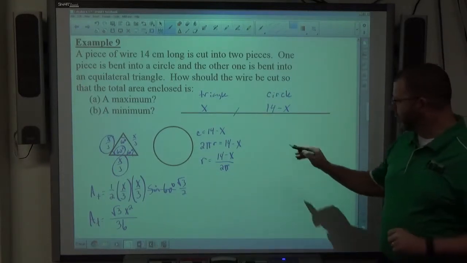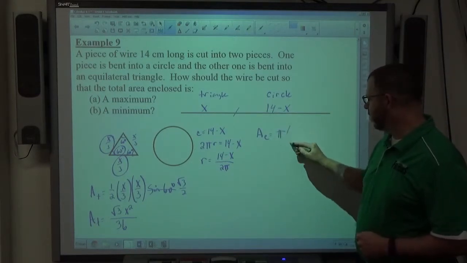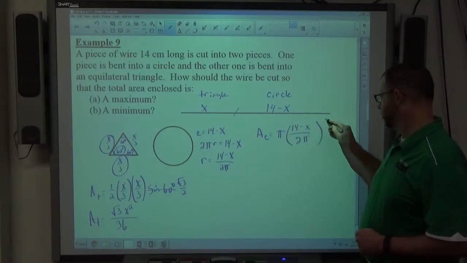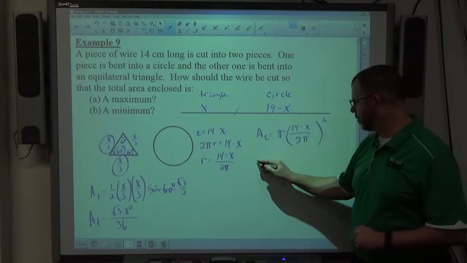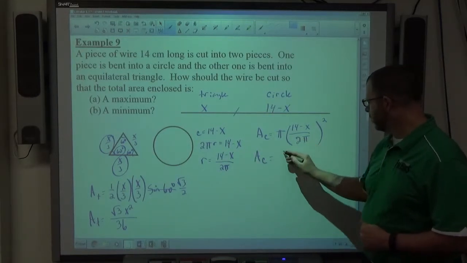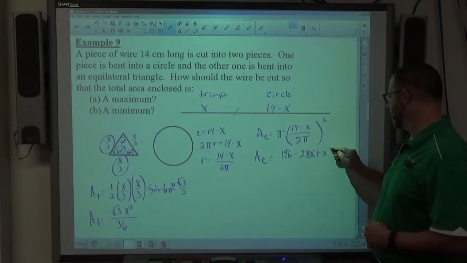The area of the circle is going to be pi times the radius squared. So the circle's area is going to be, let's see, 14 minus x squared is 196 minus 28x plus x squared.